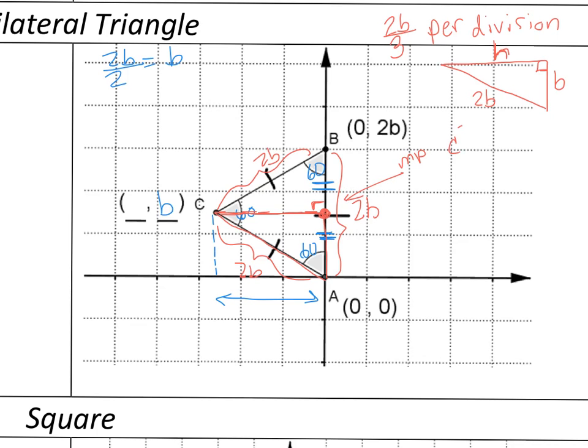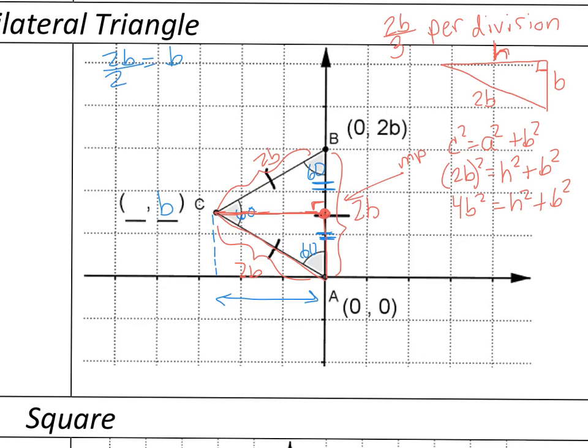So we've got our Pythagorean theorem, c squared equals a squared plus b squared. We know the hypotenuse already is 2b. And one of our sides is b squared, so I'm going to make a the height. 2b squared is 4b squared equals height squared plus b squared.